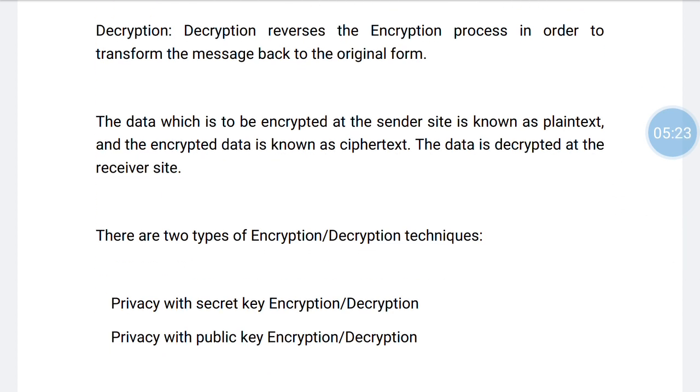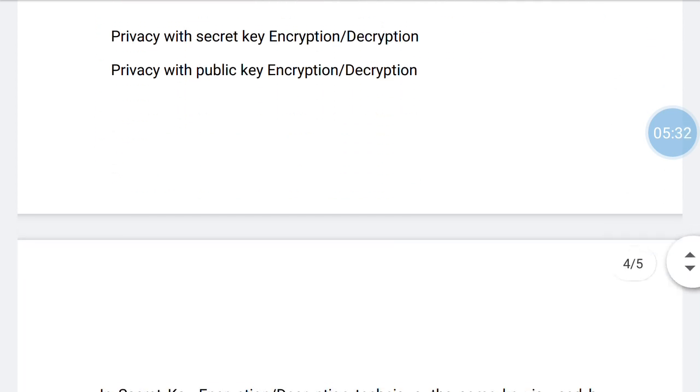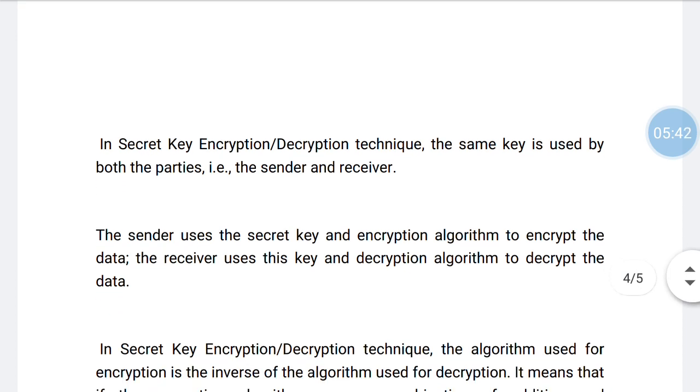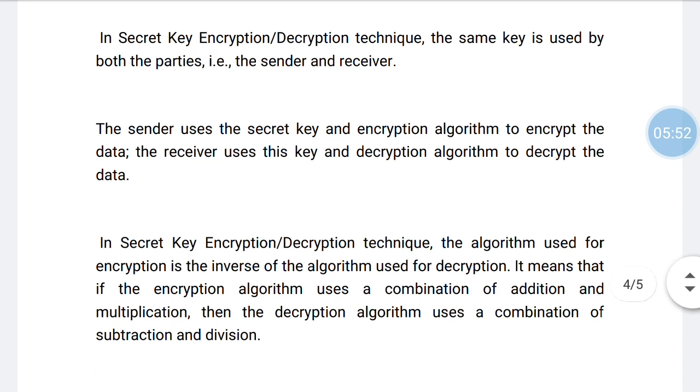There are two types of encryption and decryption techniques: privacy with secret key and privacy with public key. In the secret key technique, the same key is used by both parties. The sender uses the secret key and the encryption algorithm to encrypt data, and the receiver uses the key and the decryption algorithm to decrypt the data.